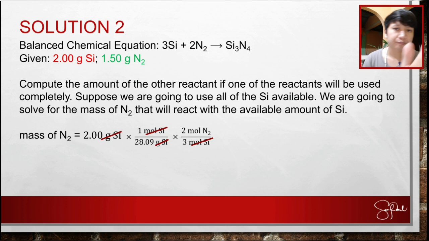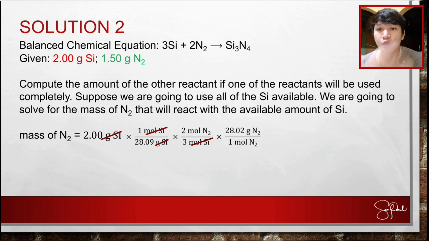We need to cancel mole N2, so the mole N2 unit must be placed below. So, 28.02 grams of nitrogen gas over 1 mole of nitrogen gas. Now, we can cancel mole N2.